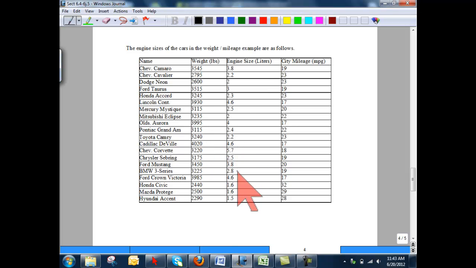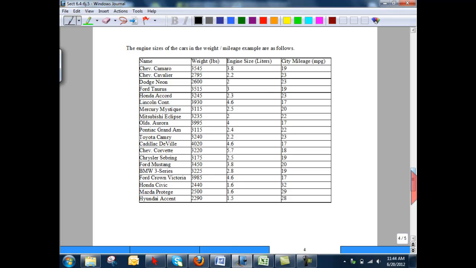But other cars, like a Corvette, have a very large engine, even though it's not necessarily a particularly heavy car, and that's characteristic of sports cars where the engineers are seeking high performance.